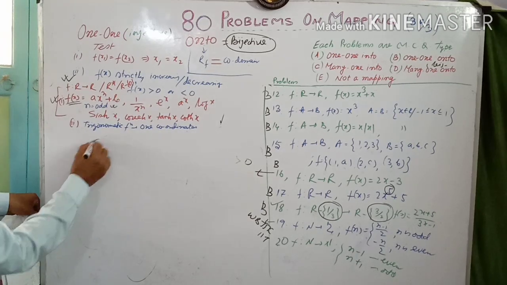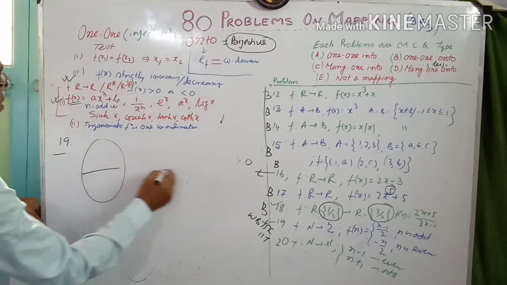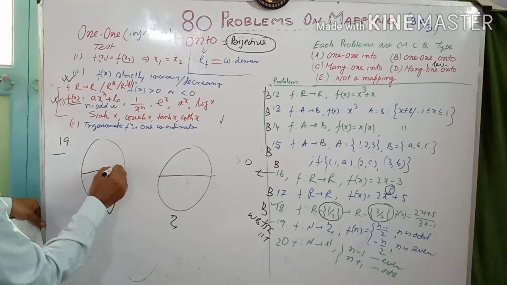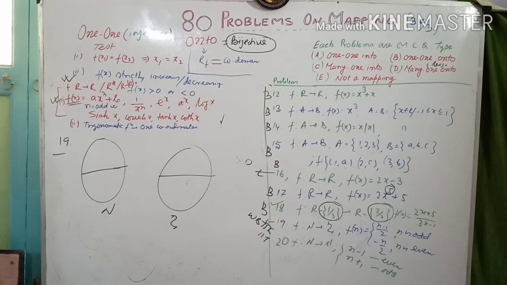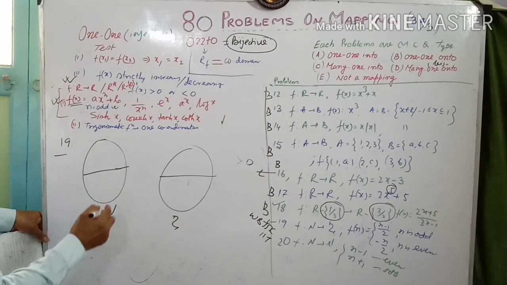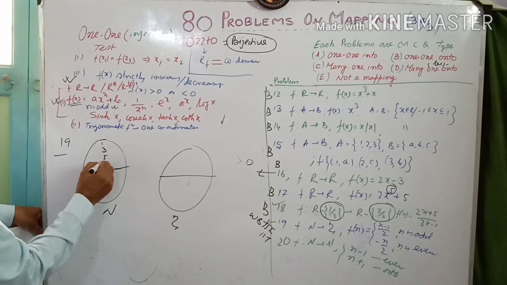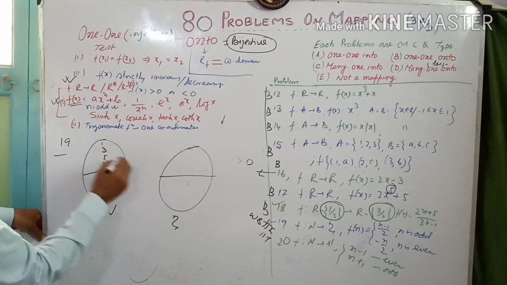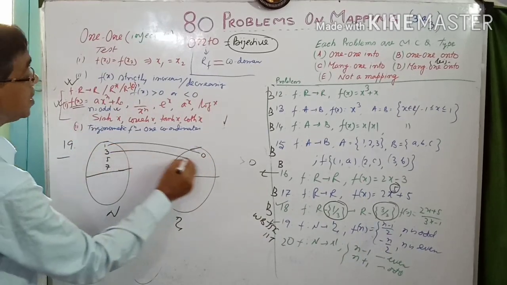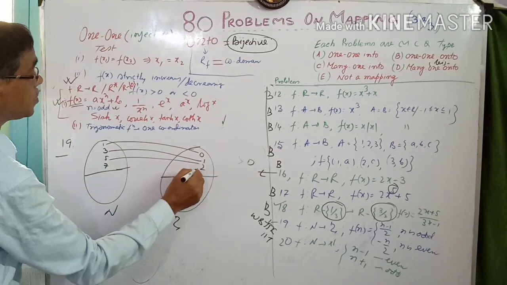Here, for problem 19, the domain is N and the codomain is Z. We divide the domain set into two parts: one is n odd, the other is n even. N odd means 1, 3, 5, 7, and you get the images (n minus 1) by 2, that is 1 goes to 0, 3 goes to 1, 5 goes to 2, and so on.